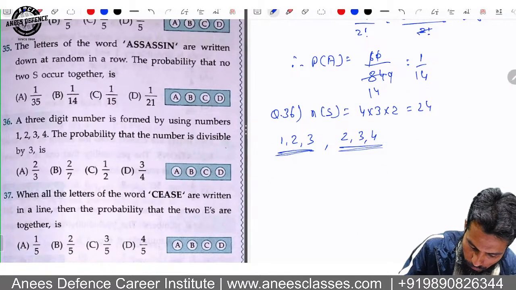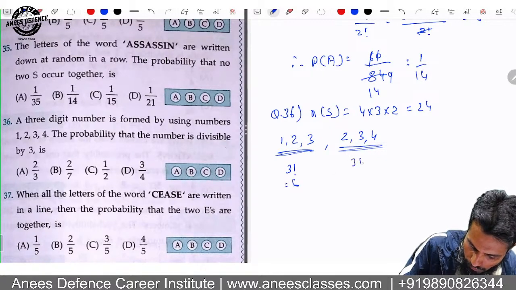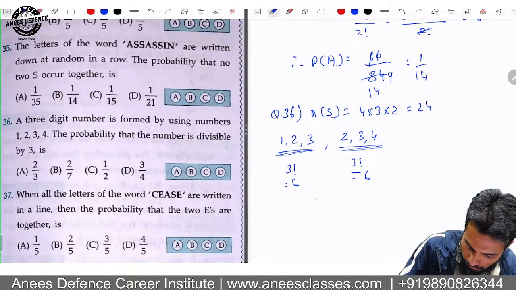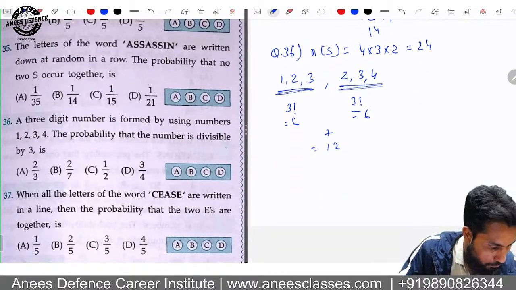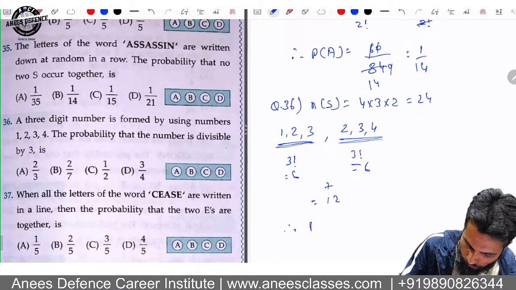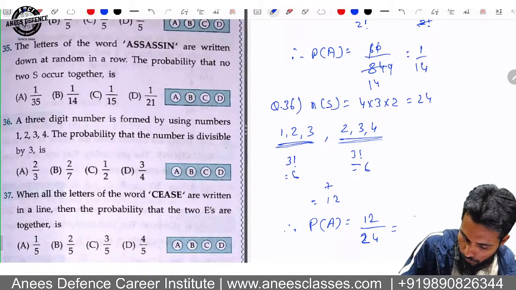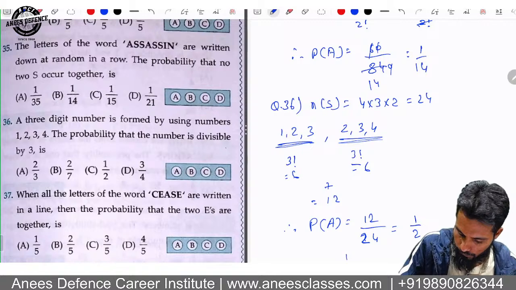So how many numbers can you make using these 3 digits? 3 factorial, that is equal to 6. And 6 plus 6 equals 12. So 12 by 24, that is 1 by 2. Option C.